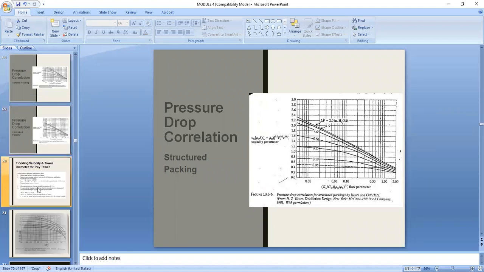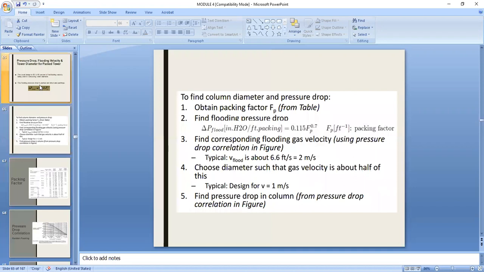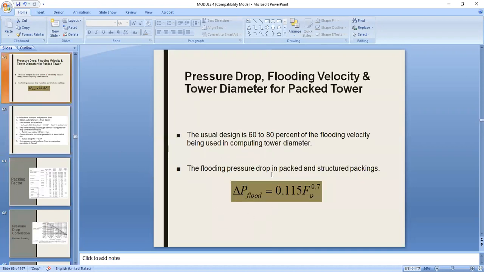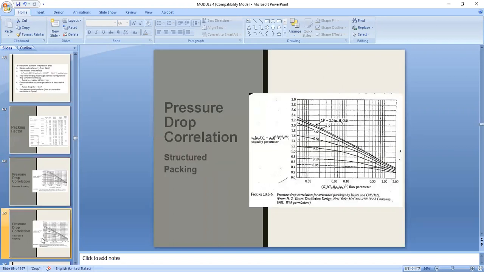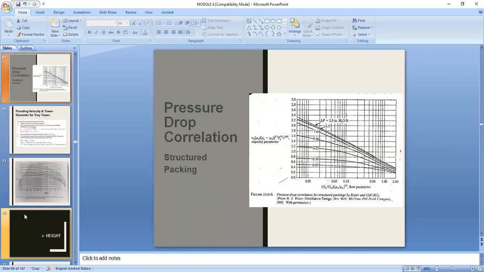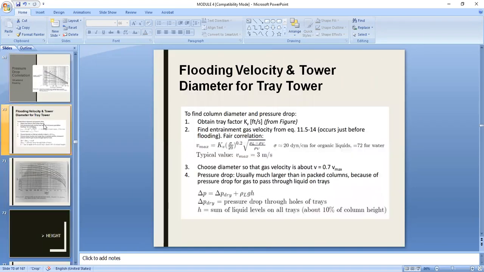What about for tray tower? Because this procedure that is given here, which needs the delta P to be able to use this flooding correlation diagrams, is only for packed towers. So if it's a tray tower, this would be the procedure in determining the diameter. Obtain the tray factor, the K sub P, from the figure.